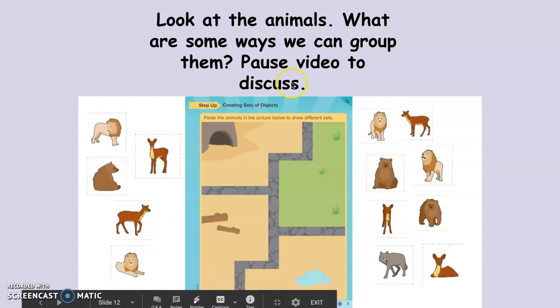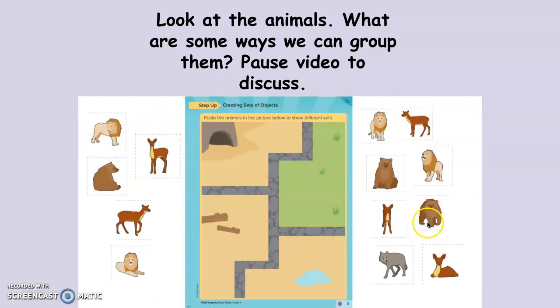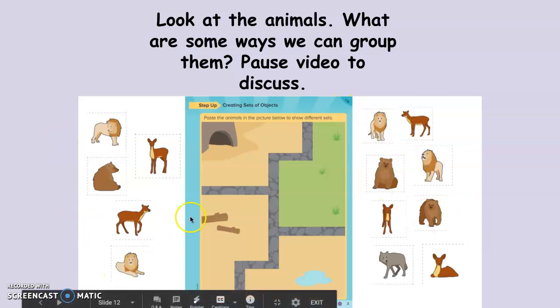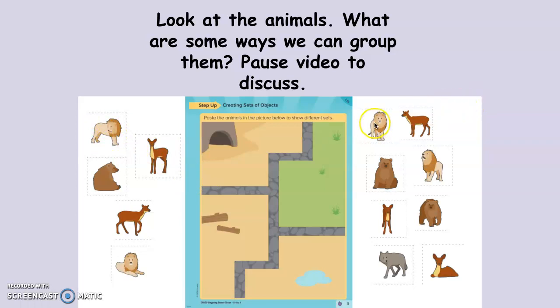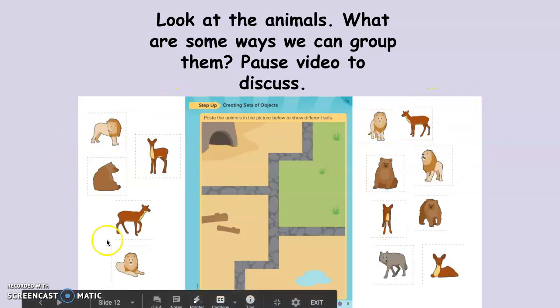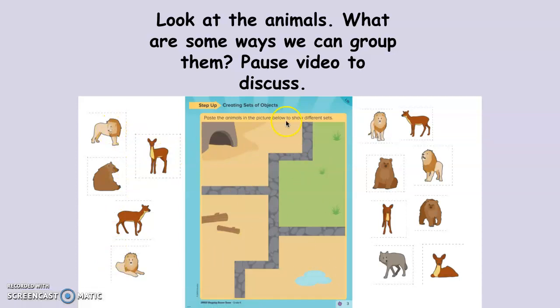Okay, so your assignment for today is to cut out and glue these animals on this page, but you are able to group them however you want to group them. The goal is to make sure that you're counting them as you group them together. So make sure you're counting them as you put them in their groups, and you're going to cut them and glue them out.